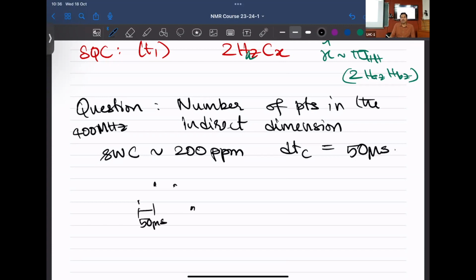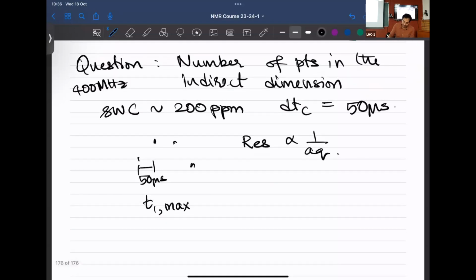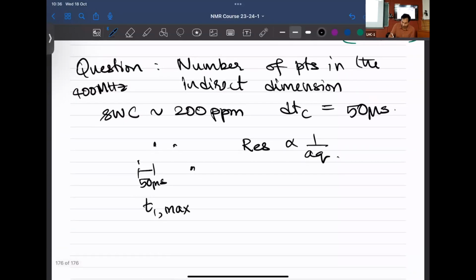And we know for a fact that the resolution for any FID that you take is inversely proportional to the acquisition time. So yet again, what is the maximum value of T1 that you're going to reach by adding more and more points to get the necessary resolution? Let's say you set a T1 max of 50 milliseconds in the indirect dimension.